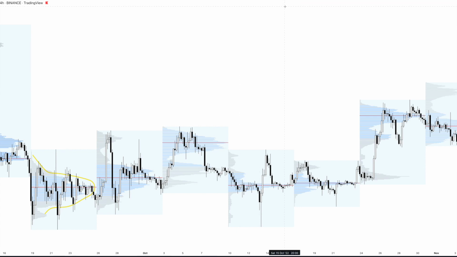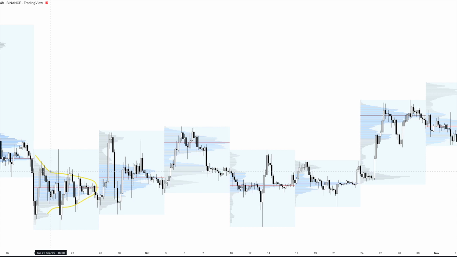Price is in balance, buyers and sellers are generally in agreement, and what happens is you get a good bit of chop, right? And as price moves away from this balance area, it tends to just retrace back, and you want to play mean reversion trades when market is in balance, right?